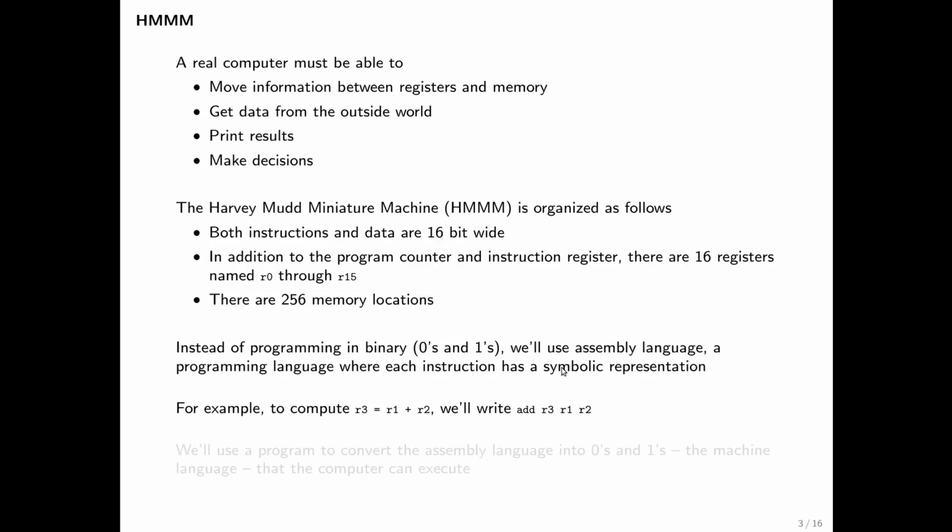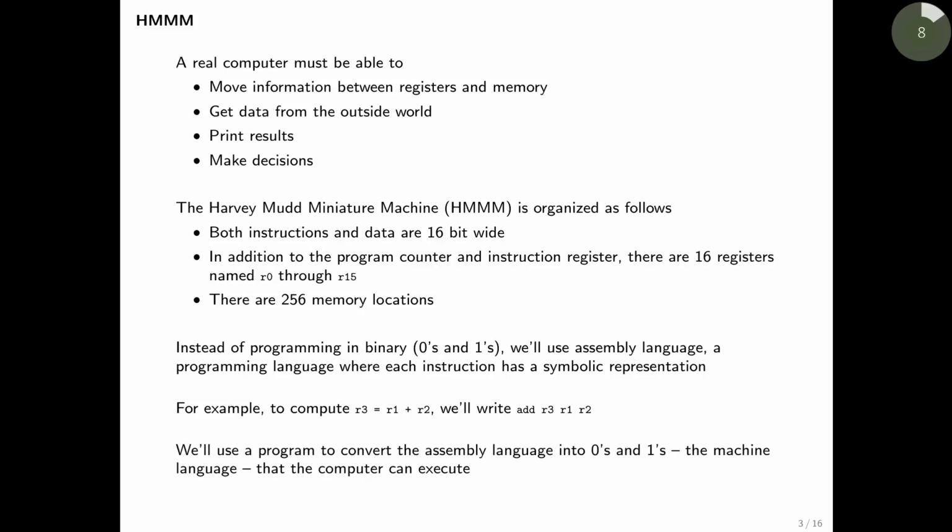So we will be writing our code using this symbolic representation, and not in zeros and ones. Now, once we have our program written in the assembly language, we'll use a program to convert the assembly language code into a program that contains zeros and ones, which is the machine language.